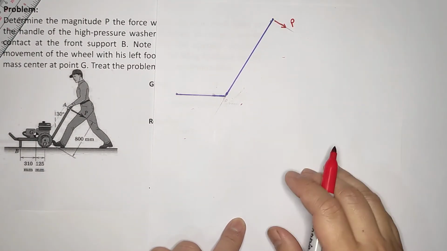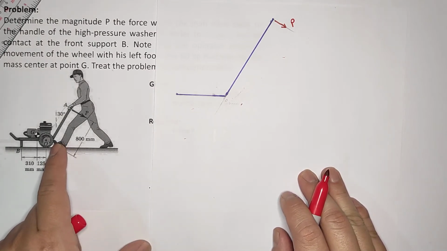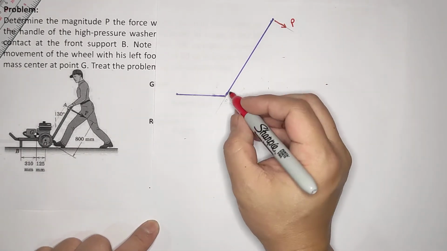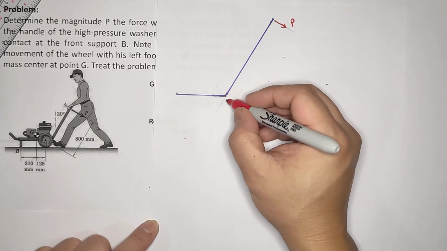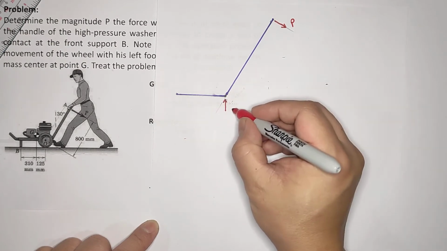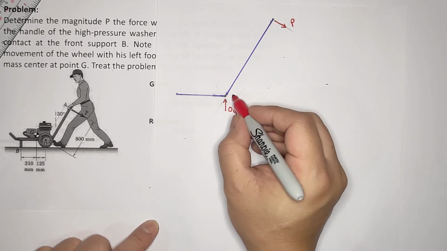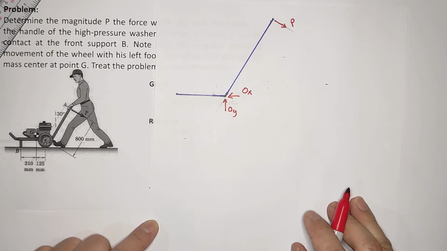Then the next one. If you look at the foot, don't worry about the foot because the wheel is not included. But the hinge in the wheel at O is included, and it could be illustrated by this force O_Y, and the other one is O_X.